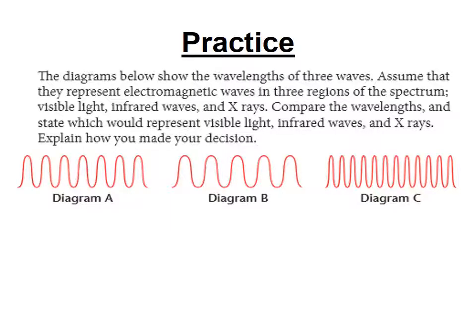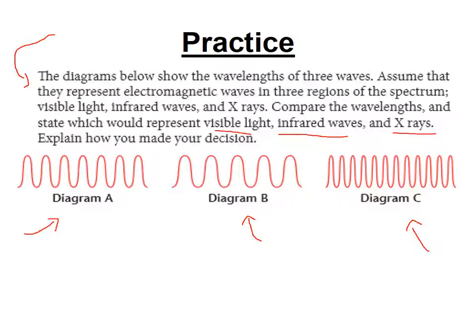So that being said, now that you know wavelengths and what it means, and now that you know which type of light has a long wavelength as opposed to a short wavelength, you should be able to attempt a problem like this. You have 3 waves shown to you, and we know that those waves are going to be visible light, infrared waves, or X-rays.